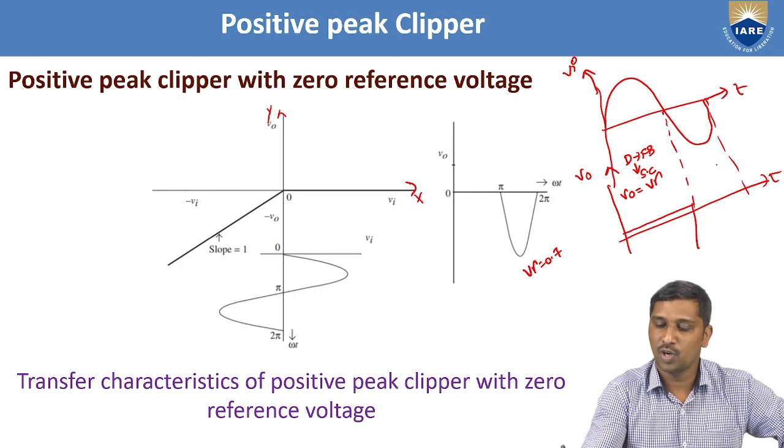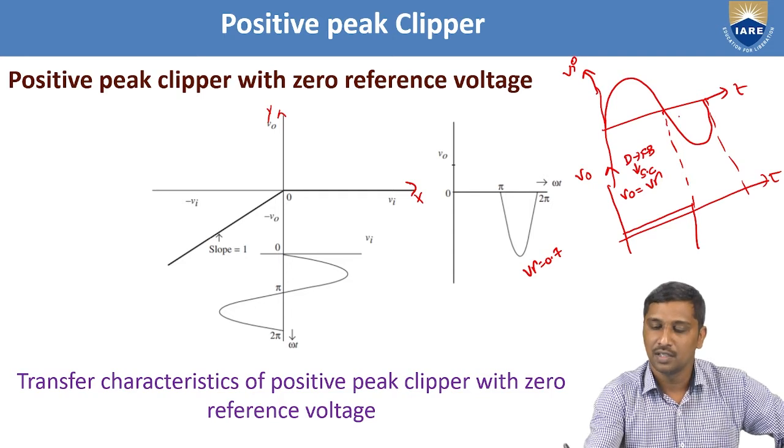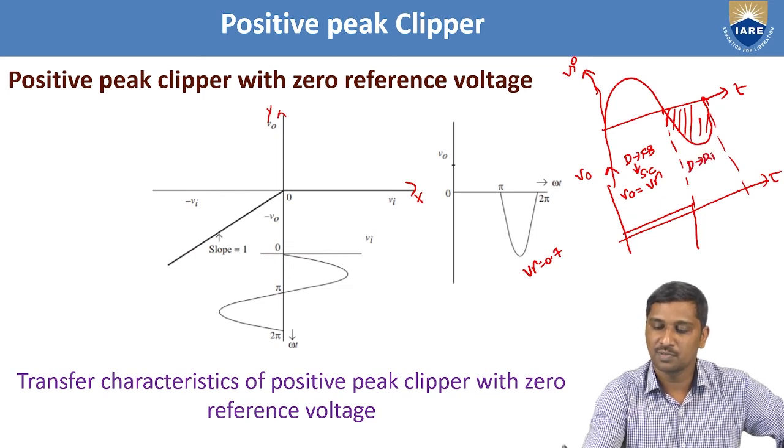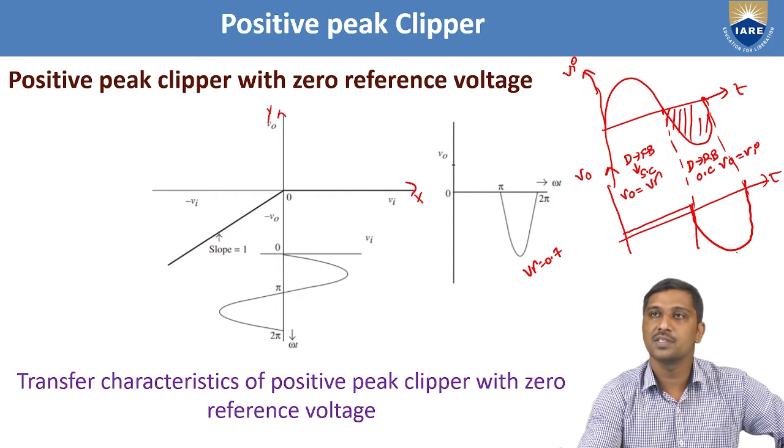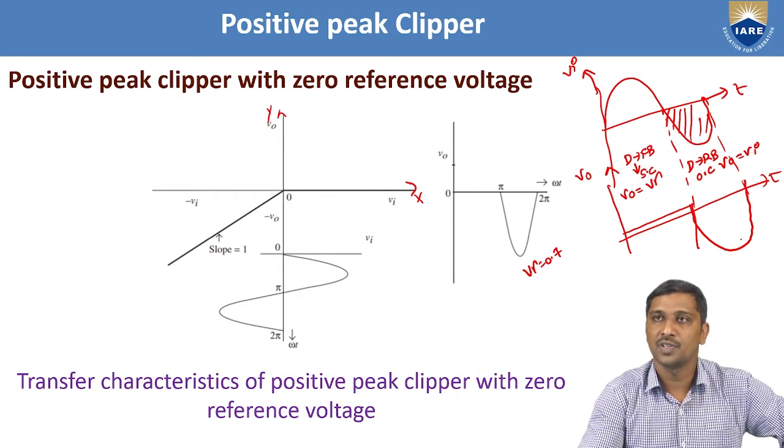Then similarly, what happens during the negative off cycle? During this duration, the diode becomes reverse biased based on your circuit construction. If the diode is reverse biased, it is replaced with an open circuit. Hence, the output voltage during this cycle is equal to the input signal. From this, you can observe the graphical response of a clipper circuit.